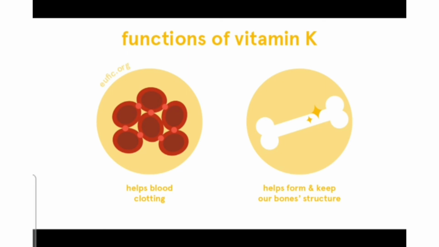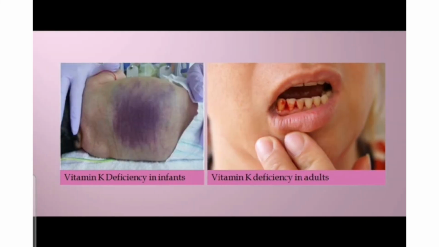The next picture shows the deficiency of vitamin K. Here you can see, for infants, the left one is vitamin K deficiency in infants, where you can see the bruises, and in the right side picture you can see blood coming out, with pyorrhea. Although vitamin K has a crucial role in blood clotting, the body needs only a very small amount of it, so deficiency is not actually very common.